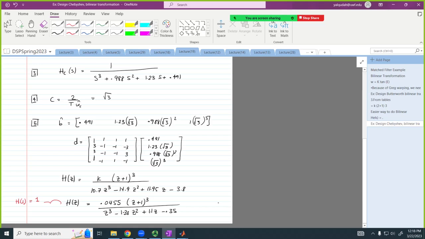Now, we could also have done all this work using MATLAB, using cheby1. This is the filter order 3. This is R, the ripple.